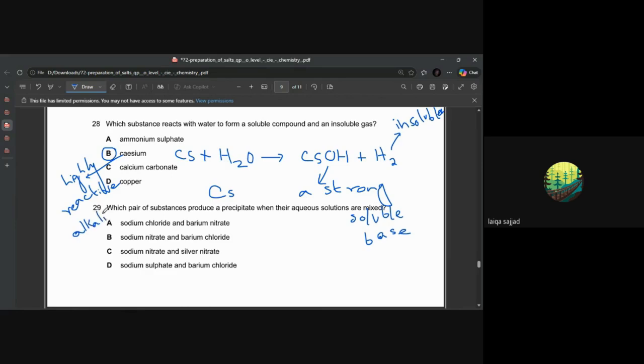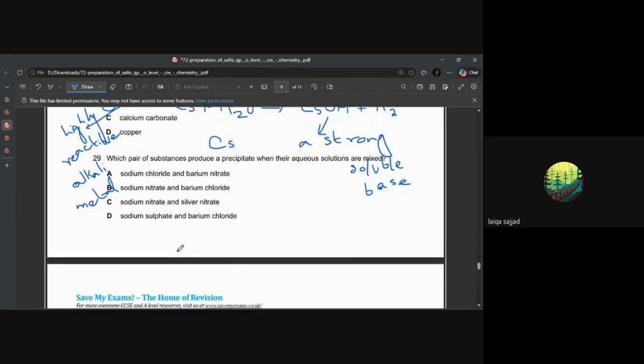Okay, moving forward, we are given which pair of substances produce a precipitate when their aqueous solutions are mixed. Sodium chloride and barium nitrate, sodium nitrate and barium chloride, sodium nitrate and silver nitrate, or sodium sulfate and barium chloride. Which of the pair produces a precipitate?